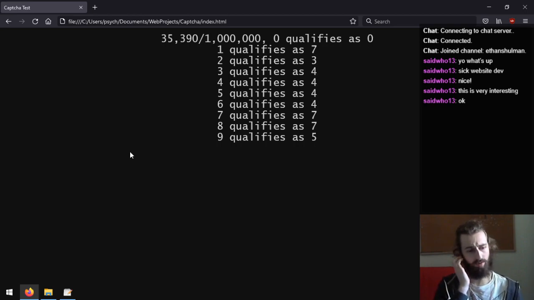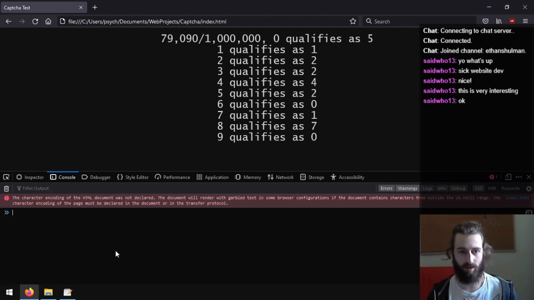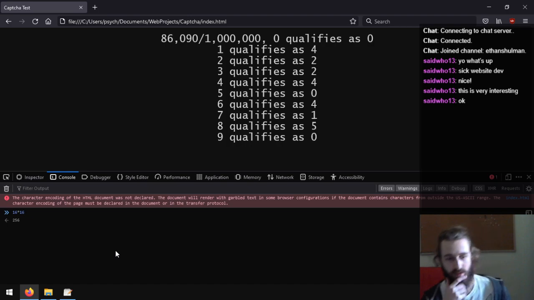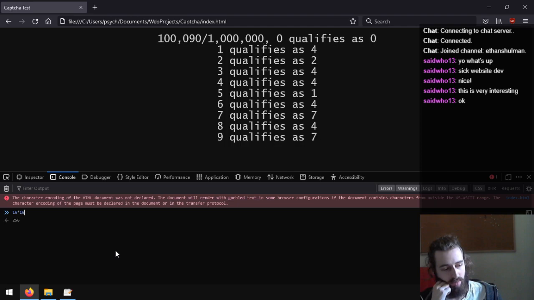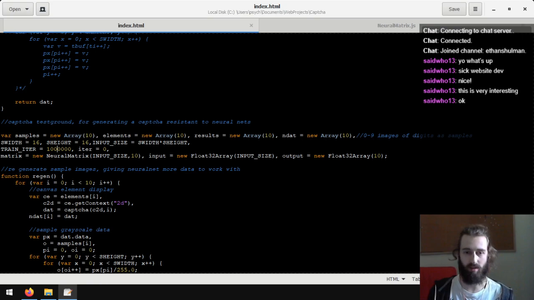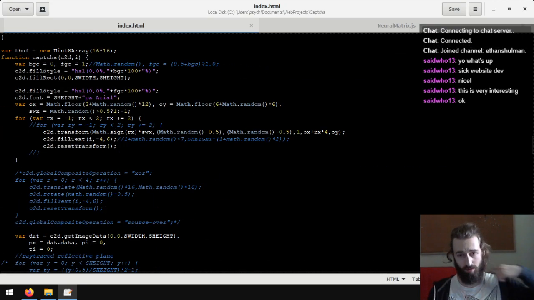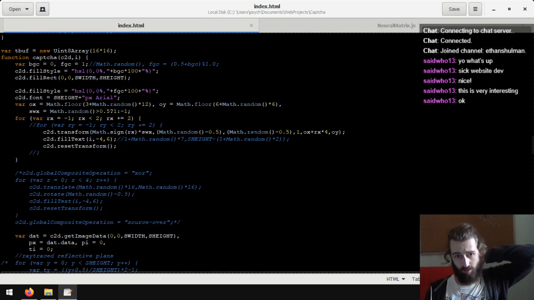I have a feeling that there's just so many combinations of different positions of the letters in the CAPTCHA that it's having trouble training this each time. Just doing a rough calculation here, if there's 16 by 16 pixels and each of the letters can be moved to a different position, and then those can be, actually how many random values do I have here? Random positions.